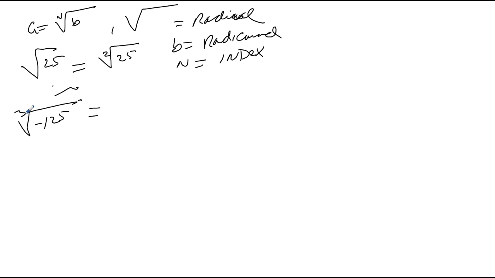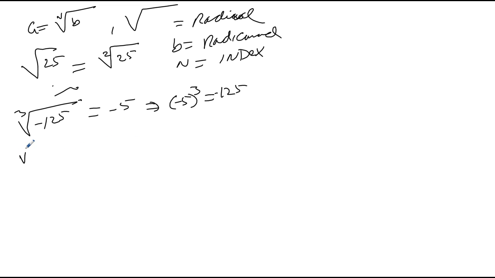Well, essentially what we're saying is what can be multiplied by itself 3 times to get minus 125. Well, we saw that was minus 5. The reason is that minus 5 cubed is equal to minus 125. Minus 5 times itself 3 times is equal to minus 125.